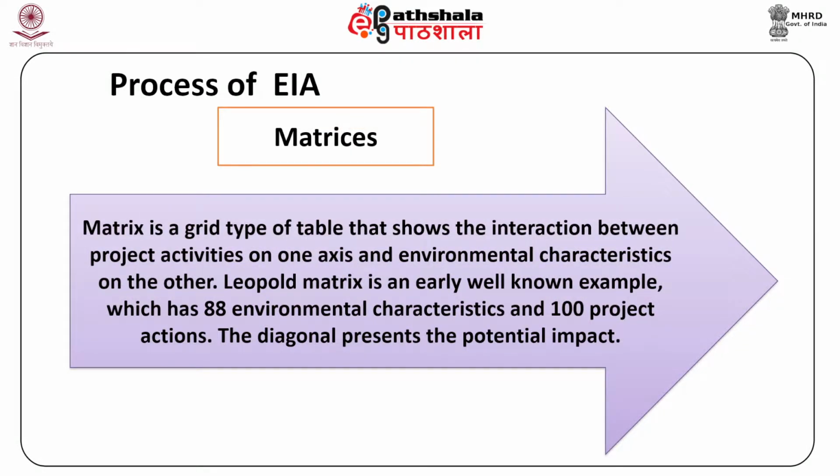Matrices. A matrix is a grid type of table that shows the interaction between project activities on one axis and environmental characteristics on the other. The Leopold matrix is an early well-known example which has 88 environmental characteristics and 100 project actions.